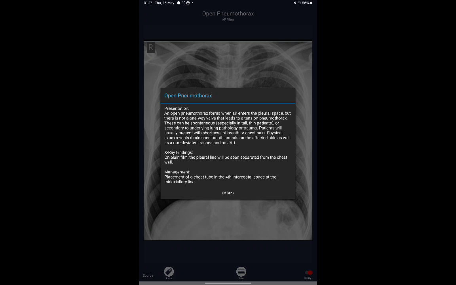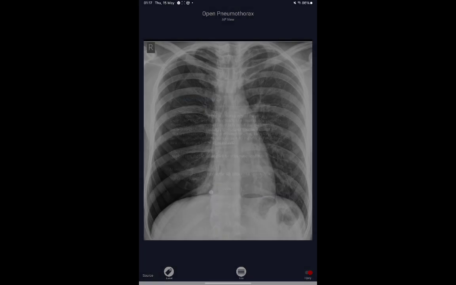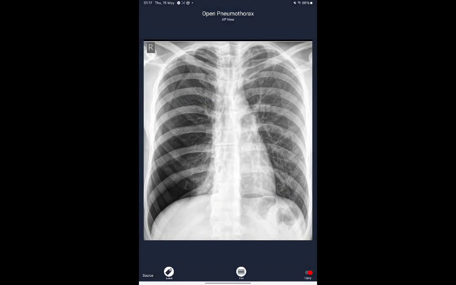What should we see in a chest radiograph? X-ray finding on plain film: the pleural line will be seen separated from the chest wall. Here we have the visceral pleural line, and we have the deep sulcus sign, the presence of free air within the costophrenic angle.